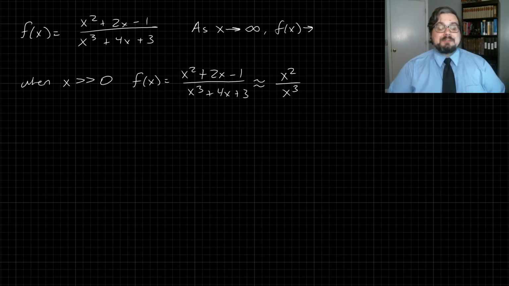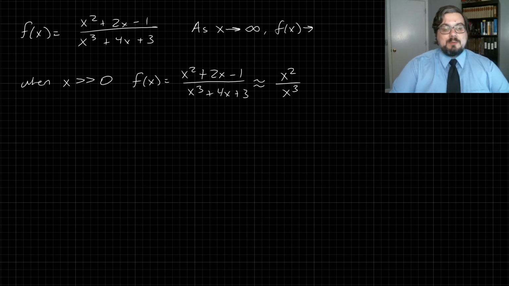From a relative standpoint, the 2x and the negative 1 matter a whole lot less than the x squared. Similarly, in the denominator, the x cubed term dominates the other two terms. So when x is very, very large, the function f is approximately just x squared over x cubed, which is 1 over x.